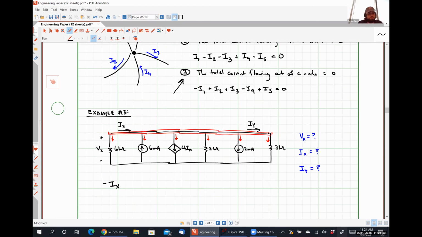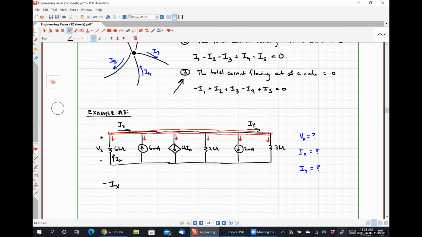Explain why it's a negative real quick for me. Okay. So the current Ix, we could say, originates here at the bottom terminal of our 6 kilo ohm resistor and then flows up and turns right at that corner, which gives us the same direction as we see how it was defined. Does that make sense? Yeah.